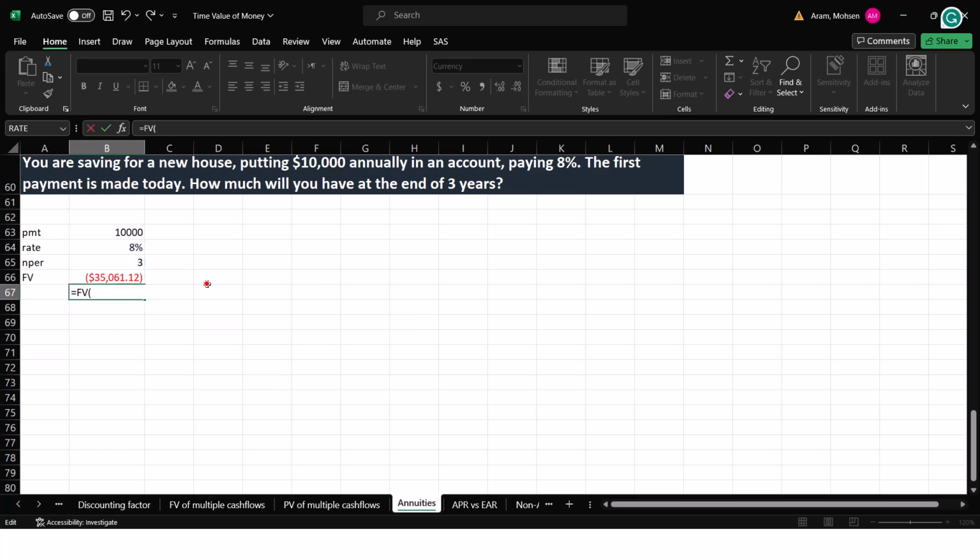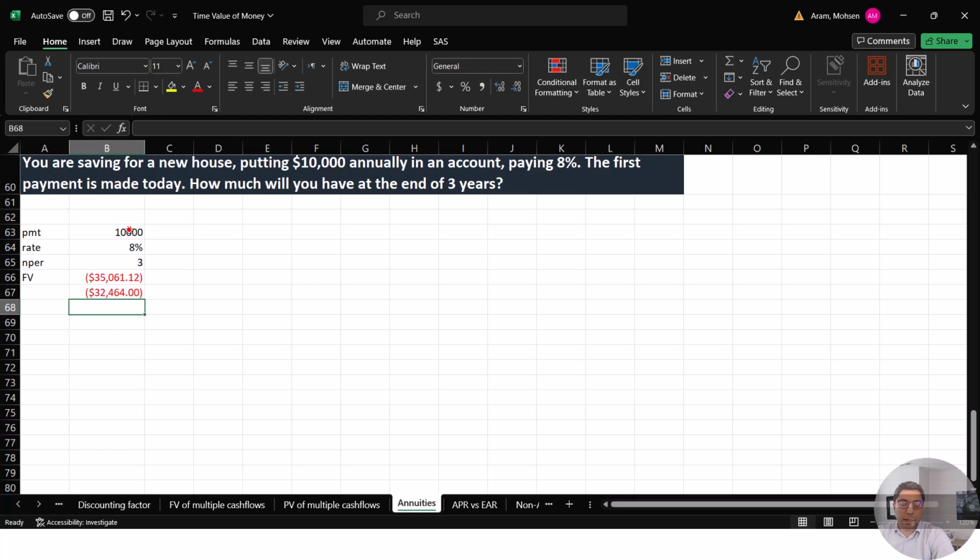So the rate would be 8% for 3 years. The payment is 10,000. And now if it's 0 for ordinary annuity, you'll have the answer that we found with the financial calculator.